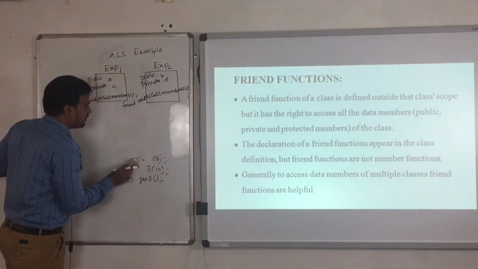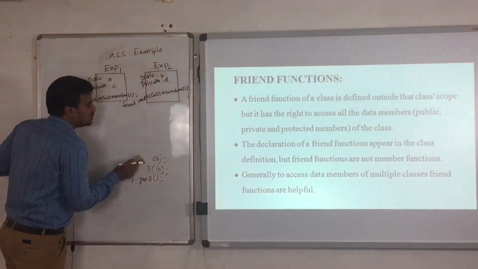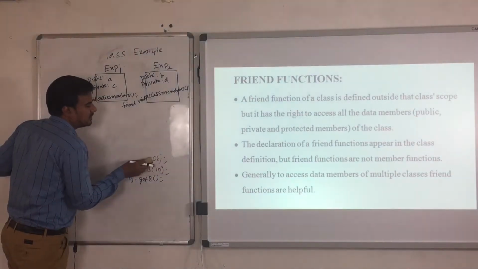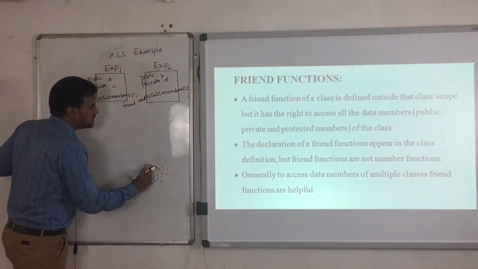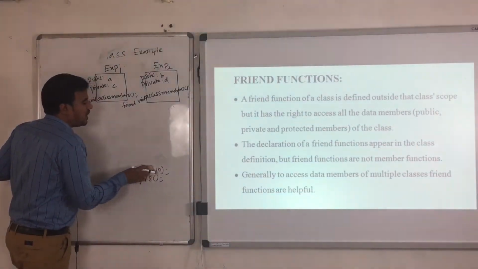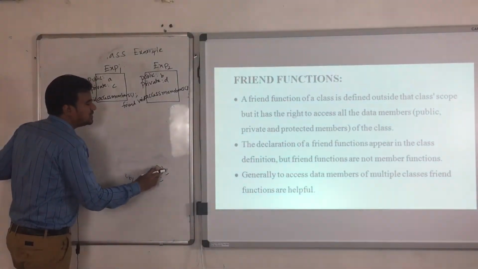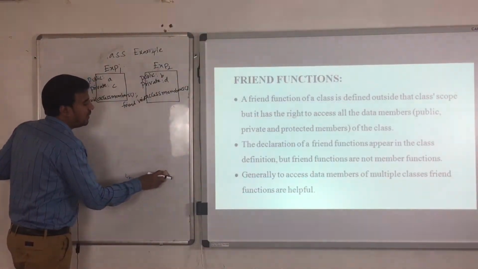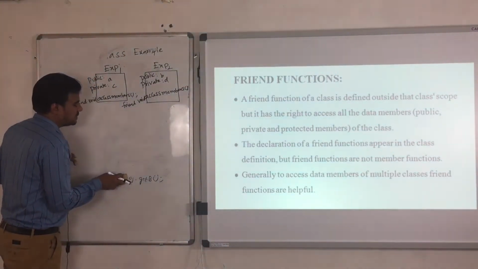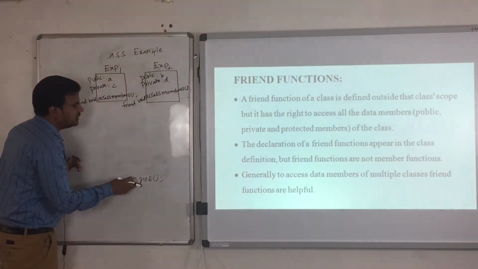Don't write the definition of a friend function inside any specific class. Clear? The scope of the friend function is not limited to any particular class. That is the reason why we write the definition of a friend function outside of all the classes.